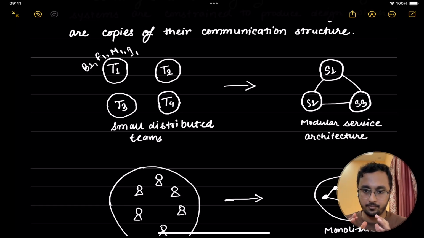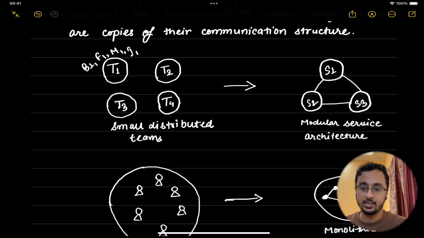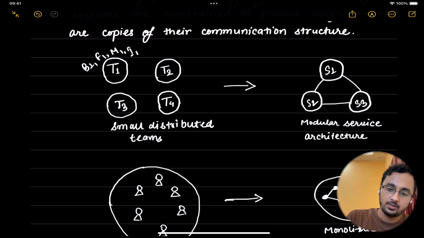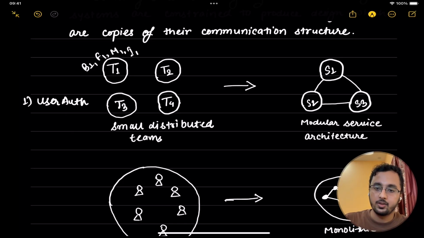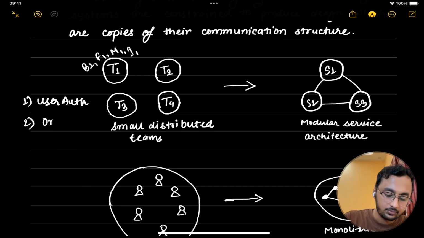certain workflow within your entire product. So let's say we have a couple of different workflows, as I was talking about. Let's say the first one is user auth: the way a user comes and registers themselves, the way a user logs in, the entire flow is taken care of by user auth. So this is one flow. The second flow can be orders, so order management.